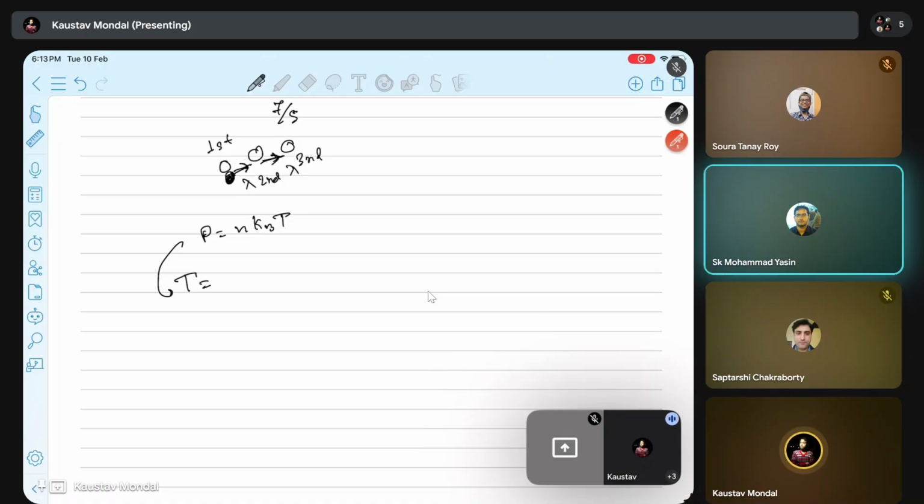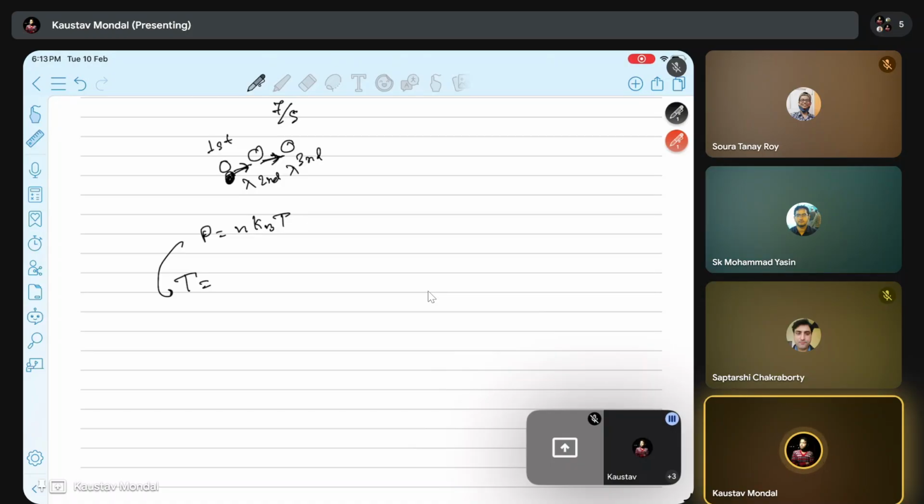I think it's better to use the kinetic one, because this pressure equation basically comes from some virial law. Since the expression of energy is coming from kinetic theory, it's better to use the energy equation.